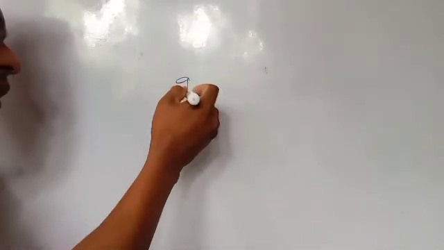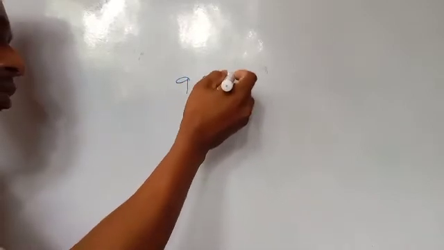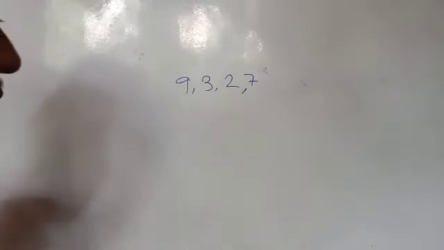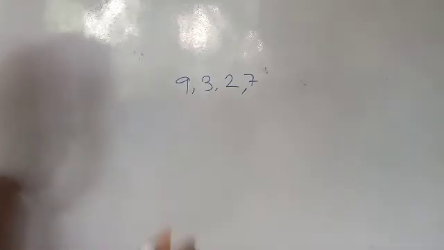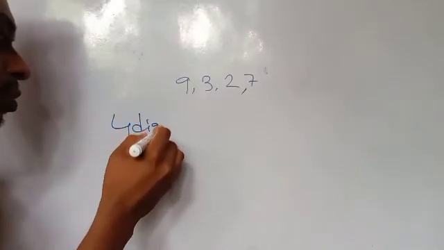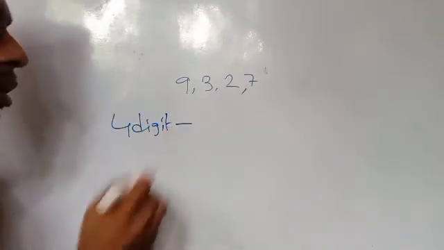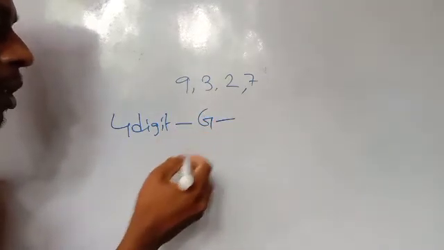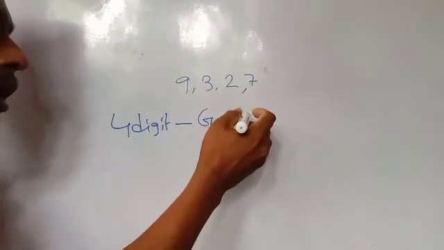Suppose 9, 3, 2, 7. They are 4 digits. Try to understand very carefully. There are 4 digits. Now if you want to make the 4 digit greatest number, arrange them in descending order.